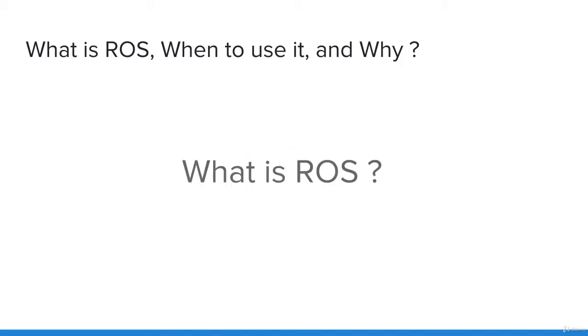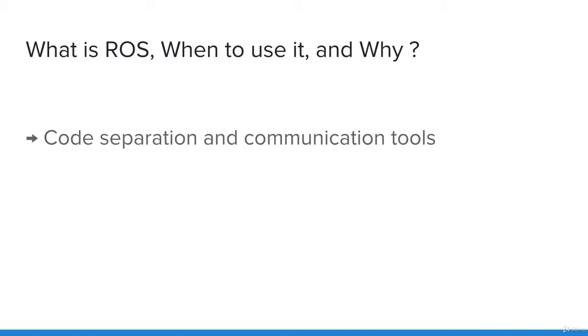Alright, you've just seen what is the why behind ROS and when to use it. Now, what is ROS? It would be hard to describe exactly what is ROS in about 2 minutes, even an hour. But here are 2 main points that will give you an idea of the big picture. First of all, ROS provides you with a way of separating your code into reusable blocks, along with a set of communication tools to easily communicate between all your subprograms.